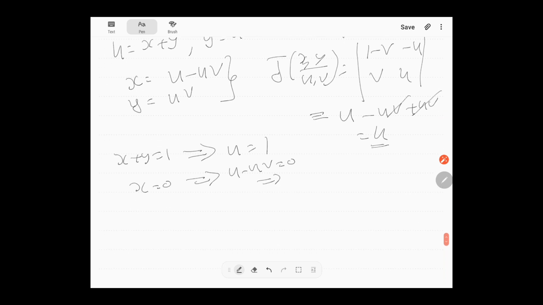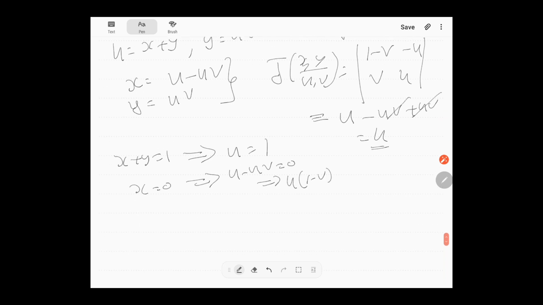This means u into 1 minus v equal to 0, so u is equal to 0 or 1 minus v equal to 0, that is v equal to 1. Similarly, y equal to 0 means uv equal to 0, that means u equal to 0 or v equal to 0. Therefore, the boundaries are u equal to 0, v equal to 0, v equal to 1, and u equal to 1.